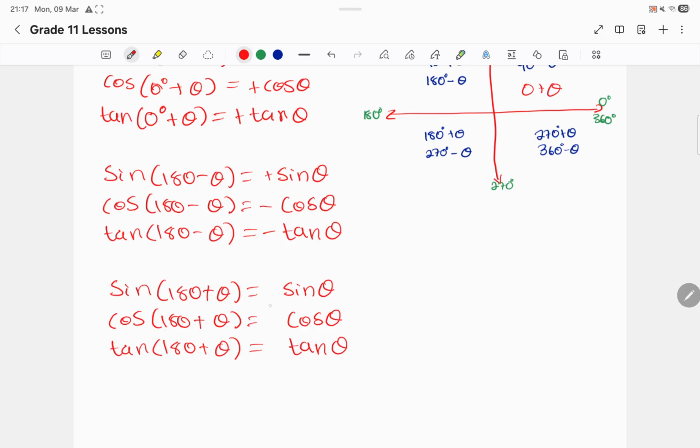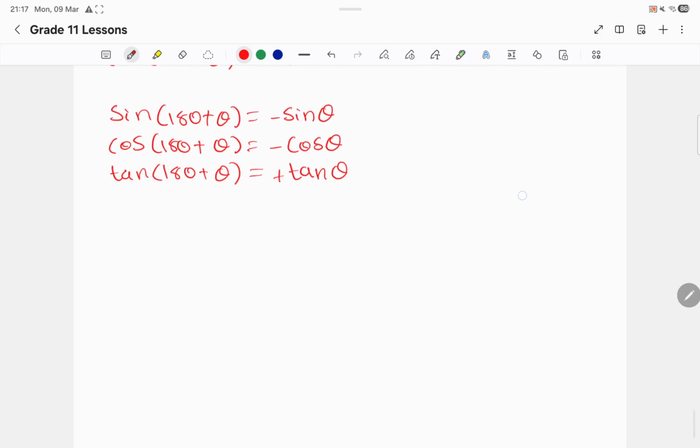In the third quadrant, sine is negative. For 180 plus, third quadrant cos is negative. Third quadrant tan is positive. So this is how we are going to use the reduction angle to reduce our trig ratios.